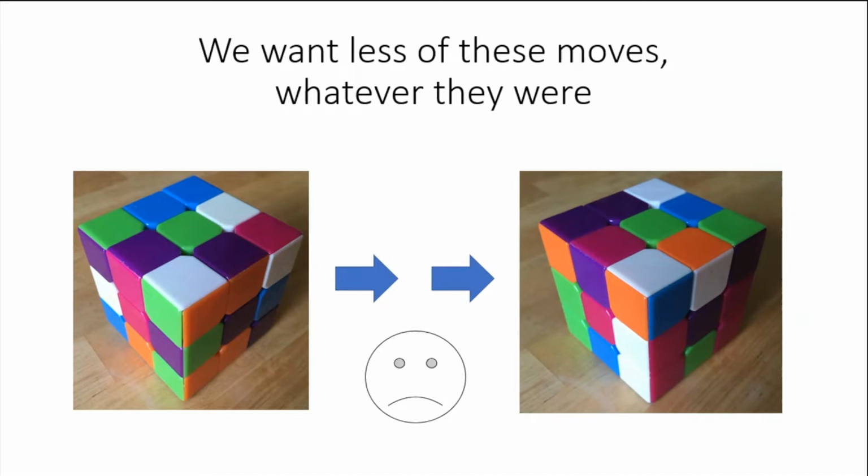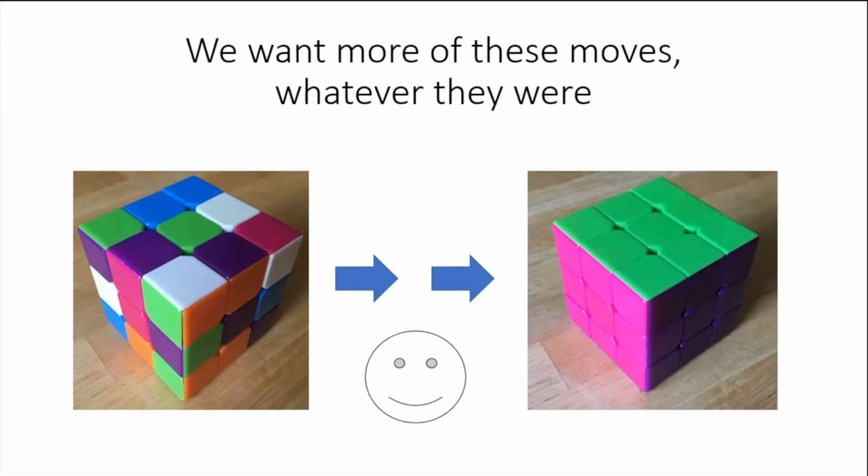If a sequence of moves has led to some position of the cube which is not solved, then you tell the agent not to use these moves in these positions anymore, or at least use them more rarely. And if the agent has solved the problem, then you advise the agent to use more of these moves in these positions. Perhaps not every time, but more frequently.